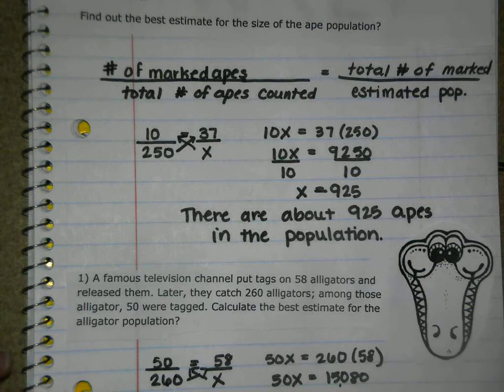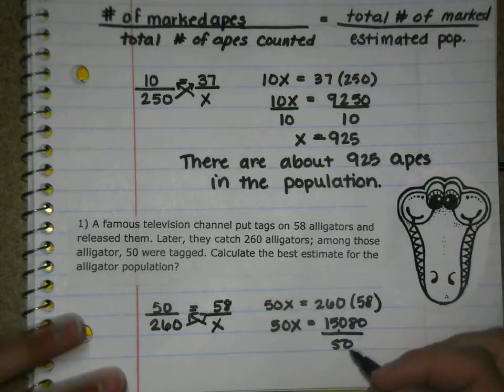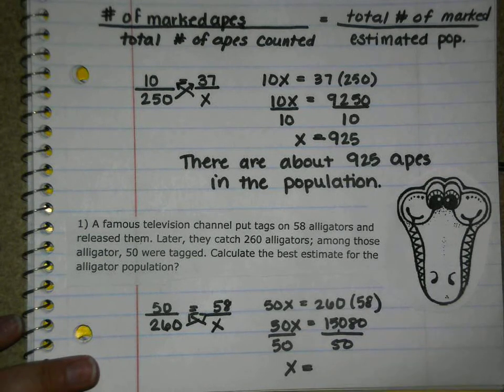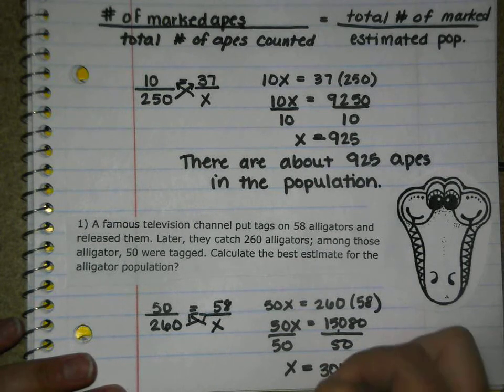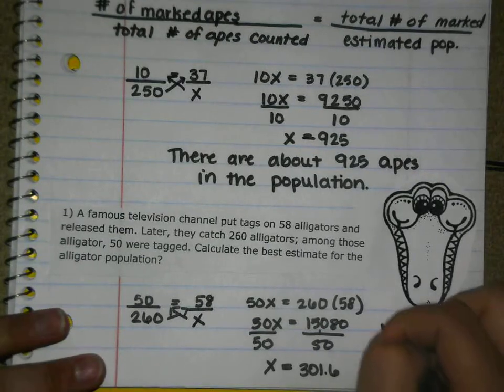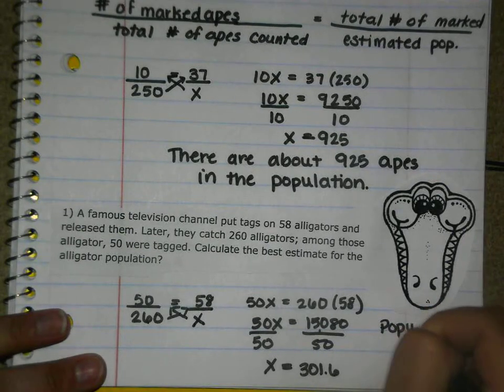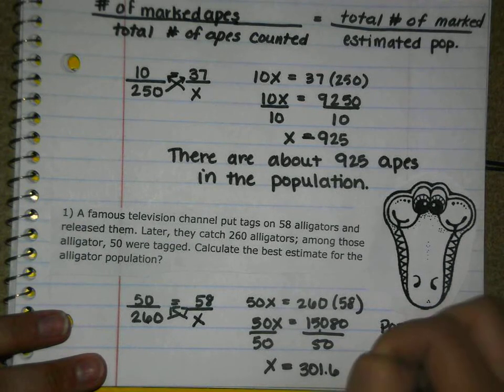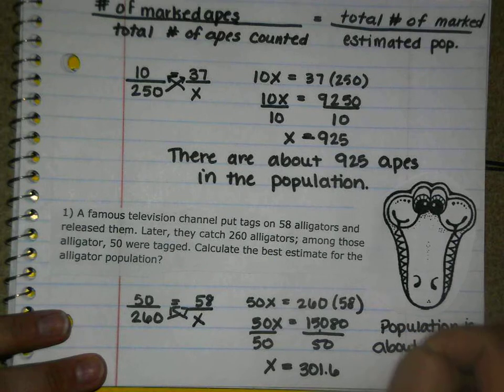We're going to divide both sides by 50 to get x by itself, and x is going to equal 301.6. So let's go ahead and round that, right? So the population is probably about 302 alligators.